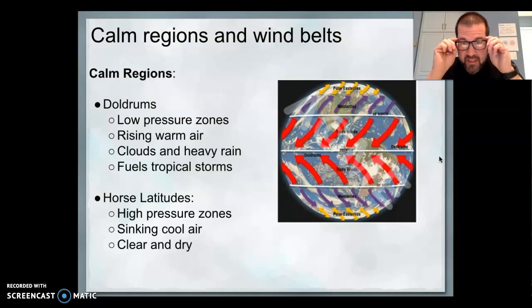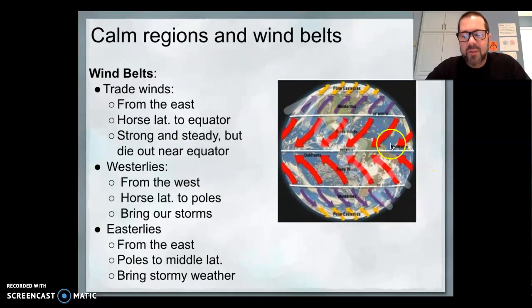Look, if you have a sailboat, you don't want to go sailing in the horse latitudes. Ain't no wind, all right? You're not going to get very far, so you better have a motor on your boat, all right? So these are the two calm regions. And remember, the doldrums straddle the equator, the horse latitudes at 30 degrees north and 30 degrees south.